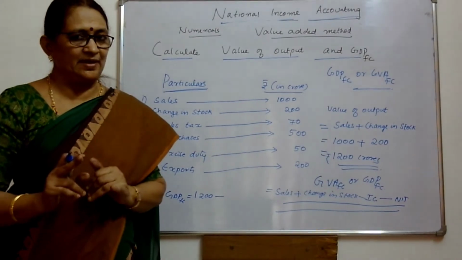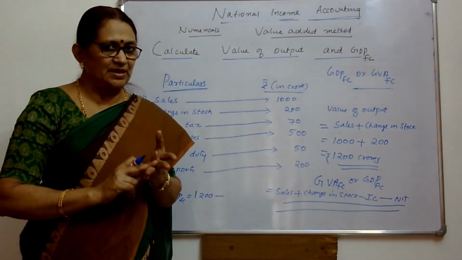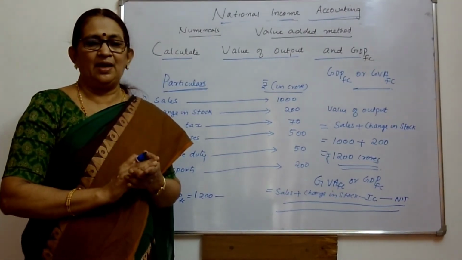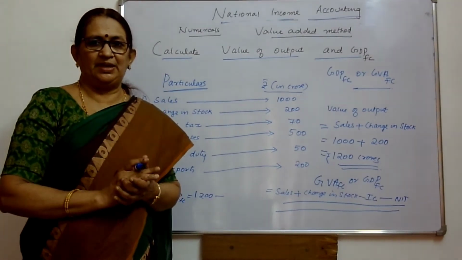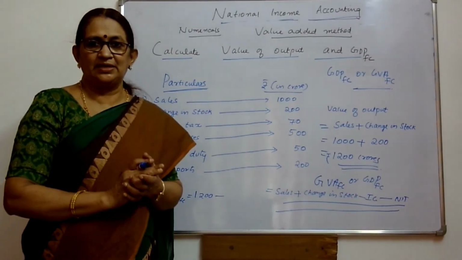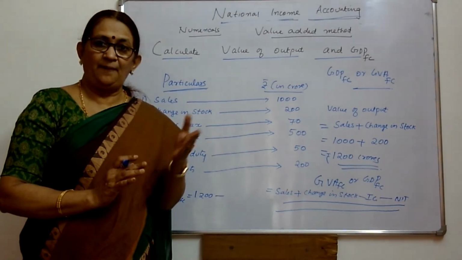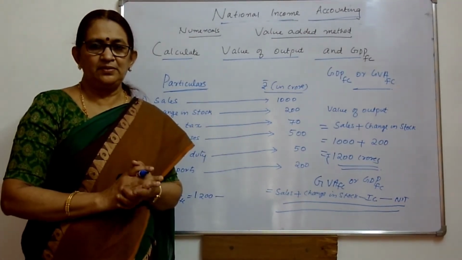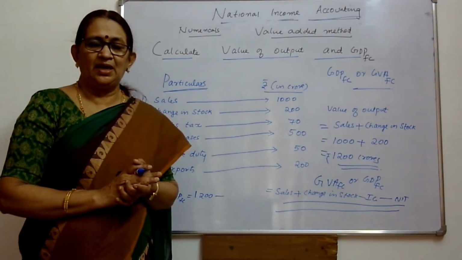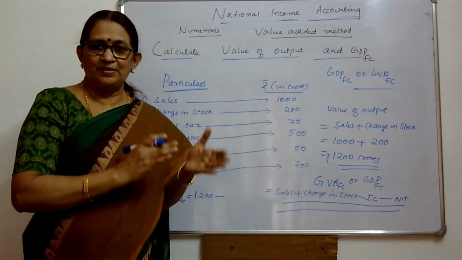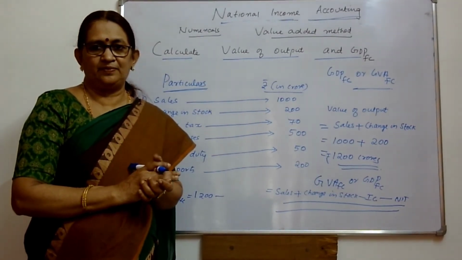So we have to check whether the terms domestic purchase and import are given, because intermediate consumption can be given as purchase. Purchase means it includes domestic purchase and the imports.